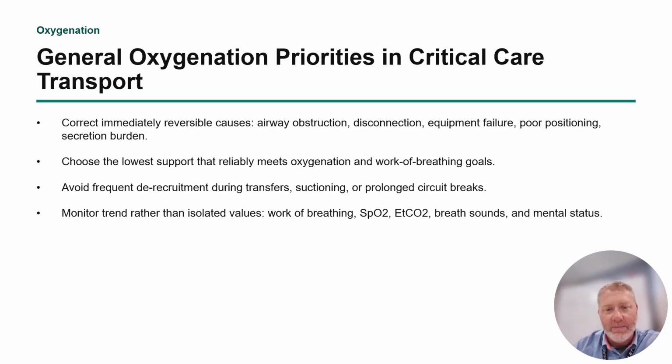We want to make sure that we keep that PEEP delivery consistent, because anytime we back off on PEEP, decrease PEEP or remove PEEP, that creates de-recruitment within the alveoli, and that can impede gas exchange and oxygenation.